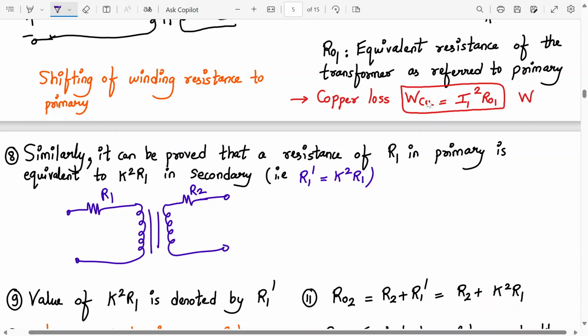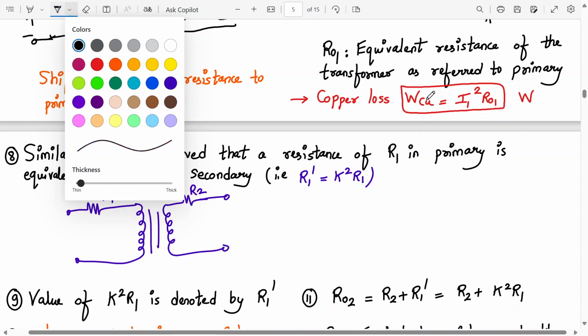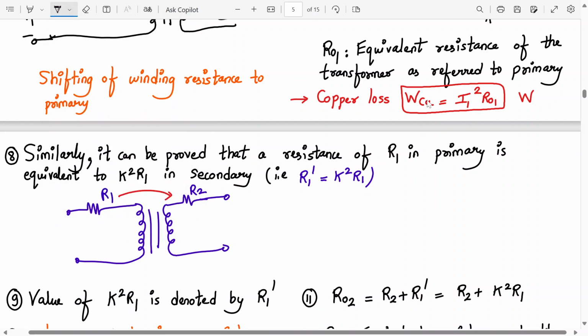Now, if I want to transfer this primary resistance and shift it over here to the secondary, that will be done by multiplying K square R1. This is again the shifting of the primary resistance to the secondary.